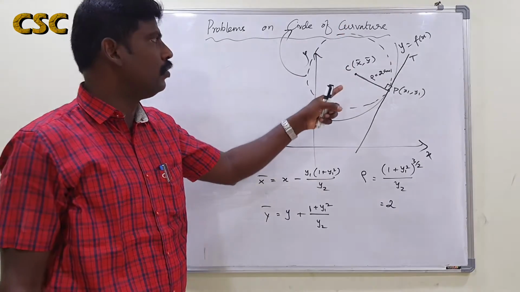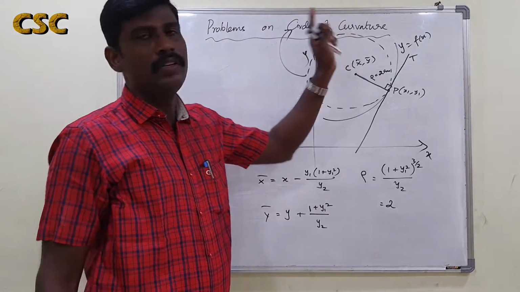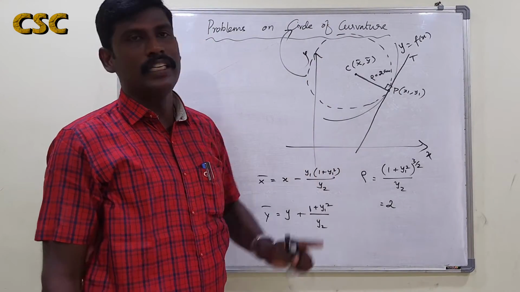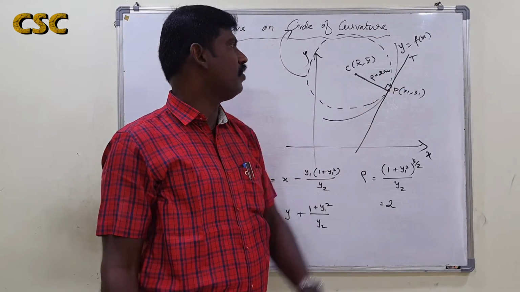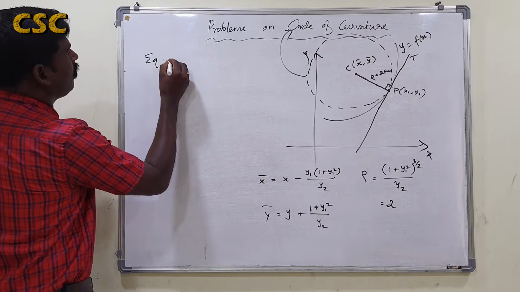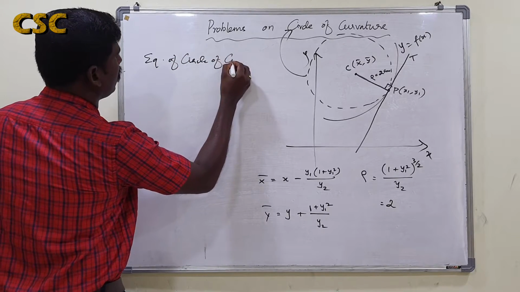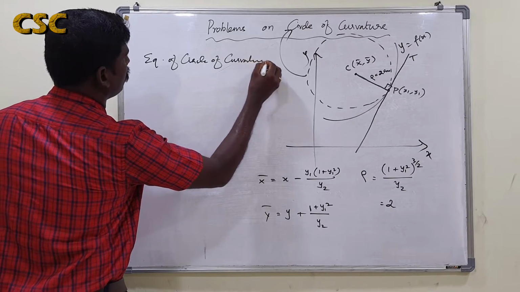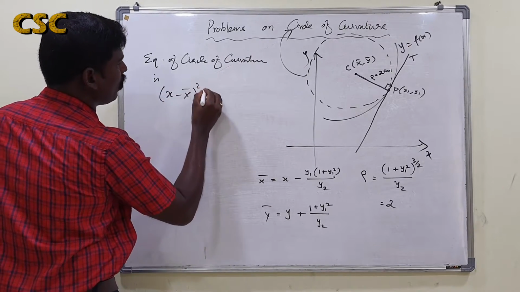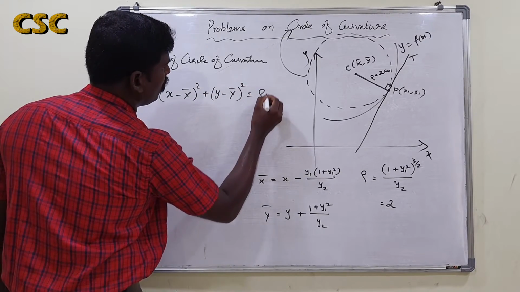We are going to find out how to solve problems related to circle of curvature. That means how to find the circle of curvature for a given point on the curve y equal to f of x. We have a formula for the equation of circle of curvature: (x minus x bar) whole square plus (y minus y bar) whole square is equal to rho square.